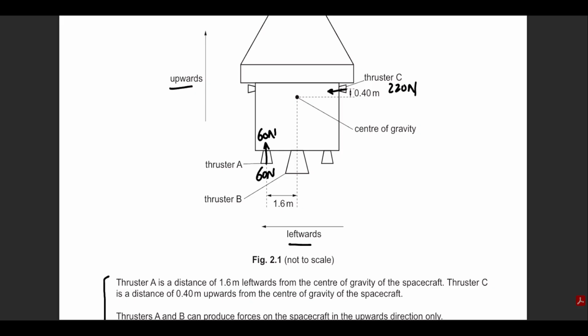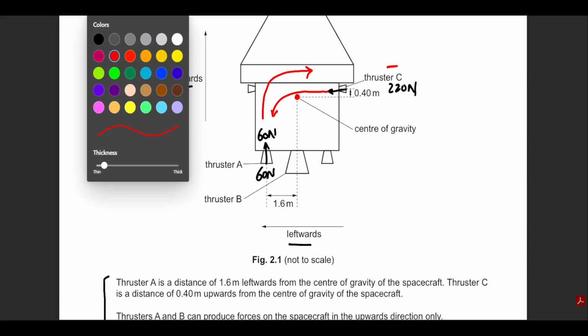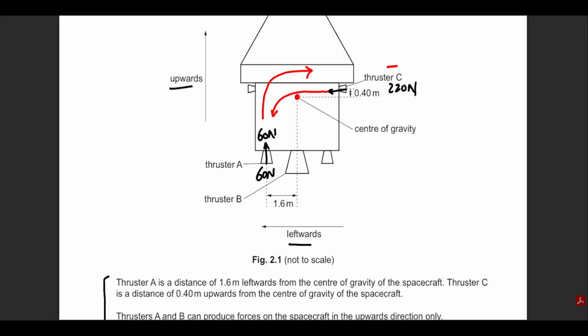So there could be some imbalance between the moments generated. So if this is the center of gravity where all the distances are given from, thruster C wants to produce an anti-clockwise moment, and the 60 newtons wants to produce a clockwise moment. What we can do is calculate their moments and then figure out which one is greater, which one is smaller.